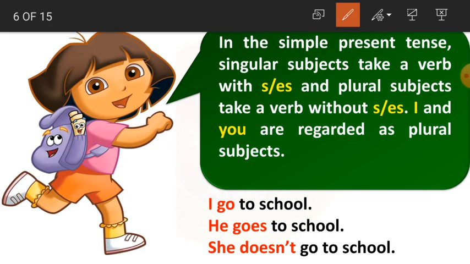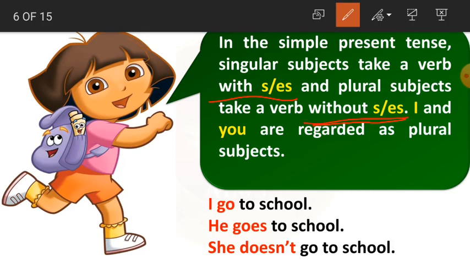If the sentence is in simple present tense and the subject is singular, then the verb is going to be with s or es. If the subject is plural, then the verb is without s or es.